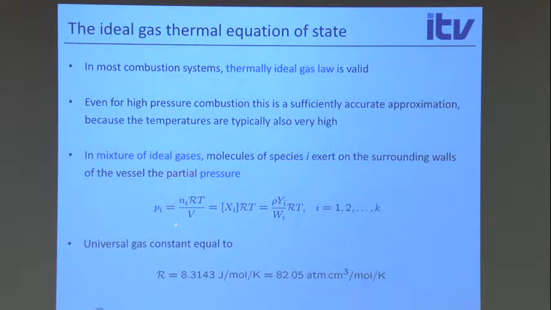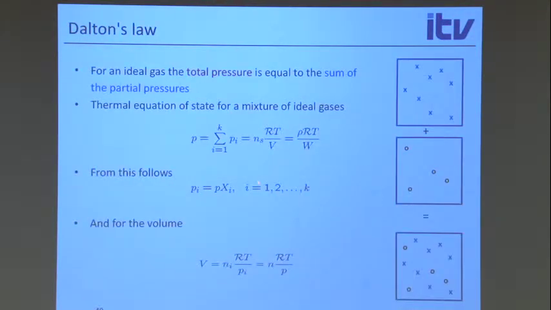So the mole fraction is equal to the partial pressure divided by the total pressure. That's an important relation. It basically tells you that the ratio of partial pressures is the same as the ratio of mole fractions. Mole fraction and partial pressure ratio are the same for an ideal gas.